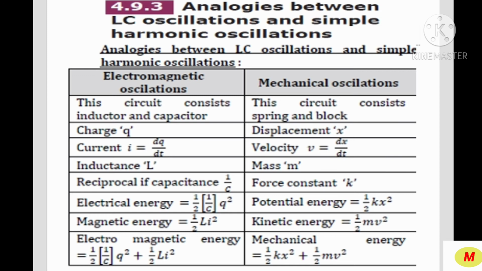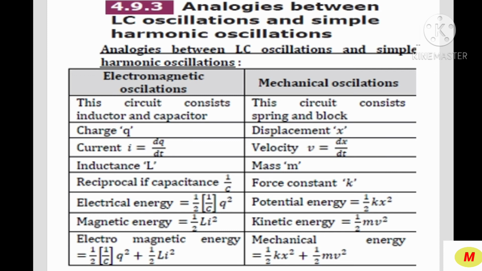In the case of electromagnetic oscillations, the current i is equal to what? dq by dt. In the case of mechanical oscillations, the velocity is taken as v is equal to dx by dt. In the case of electromagnetic oscillations, the inductance is considered as capital L. In the case of mechanical oscillations, the mass of the object is considered as small m.